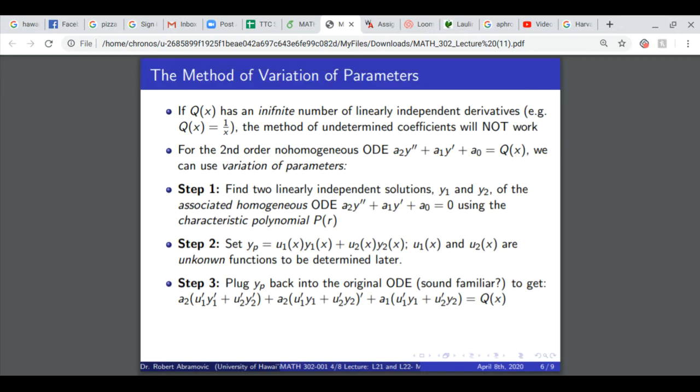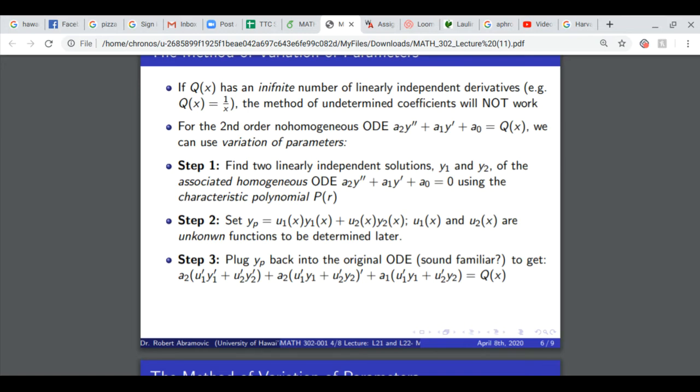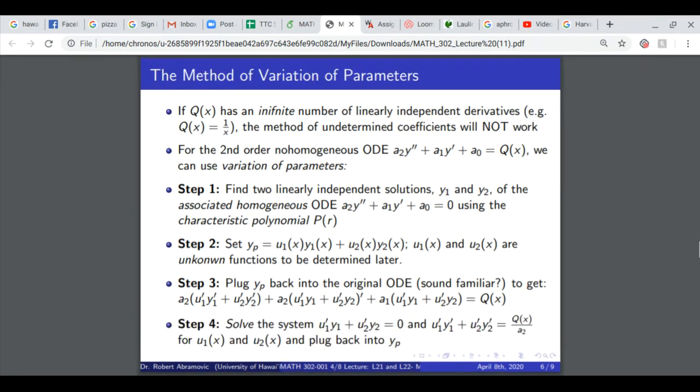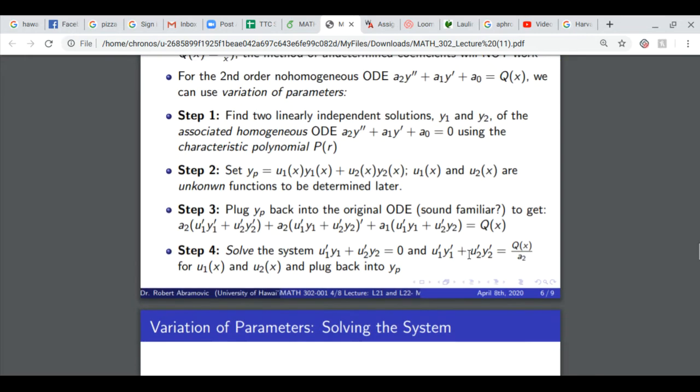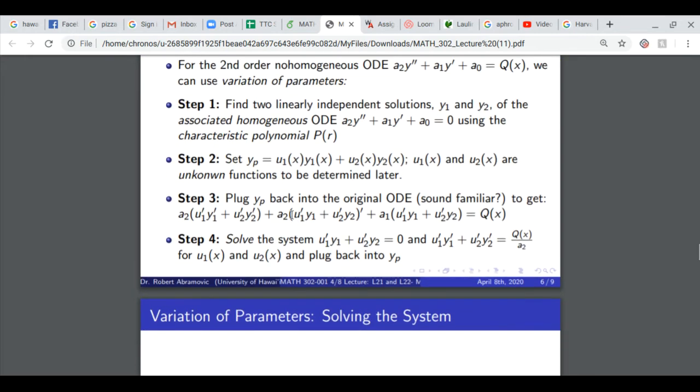Again, as in the method of undetermined coefficients, we plug this form of the particular solution back into the original ODE. We get this equation. Now it turns out the last 2 terms, if you look at them carefully, each contain a factor. The second to last term contains the factor u1 prime times y1 prime plus u2 prime times y2 prime.